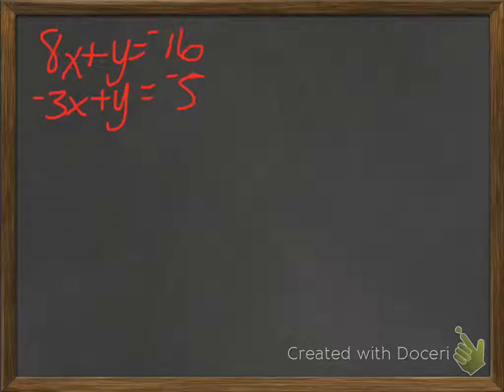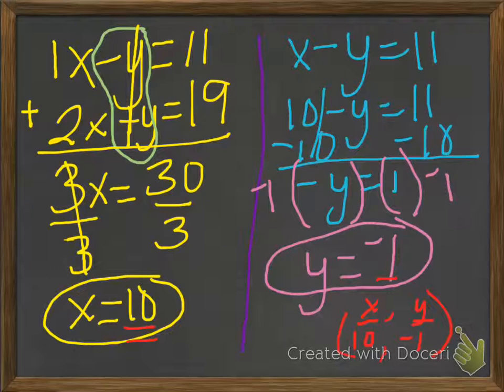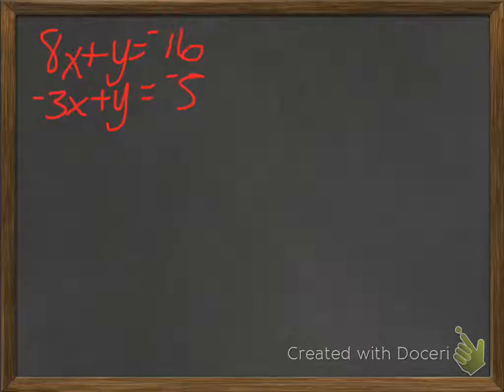If you remember from the last example with the y's, in order to change the charge but keep the term the same, our magic number was negative 1, right? So same thing is true in our example here. We need to multiply one of these by negative 1. Negative 1 would keep the term the same, but it would just change the charge.